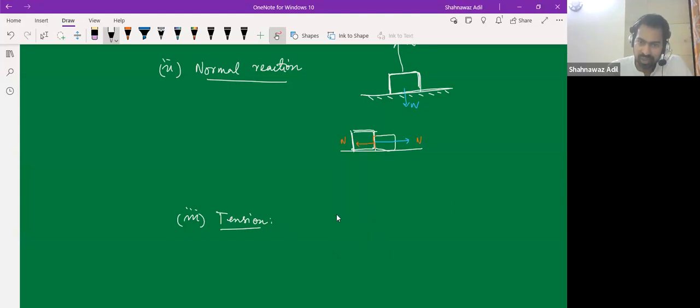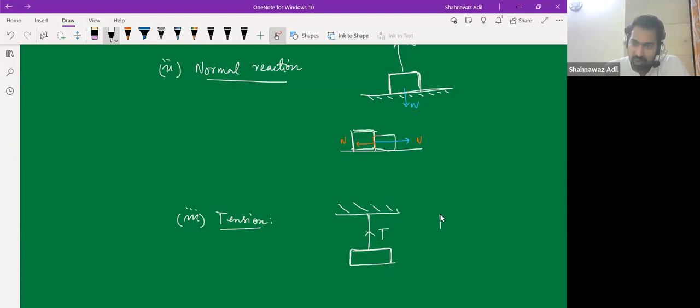So we have some string, and some mass is hanging from this string. This string will apply some tension on this block, against the direction of the block's pull, so it will be in this way. So this is tension, right?